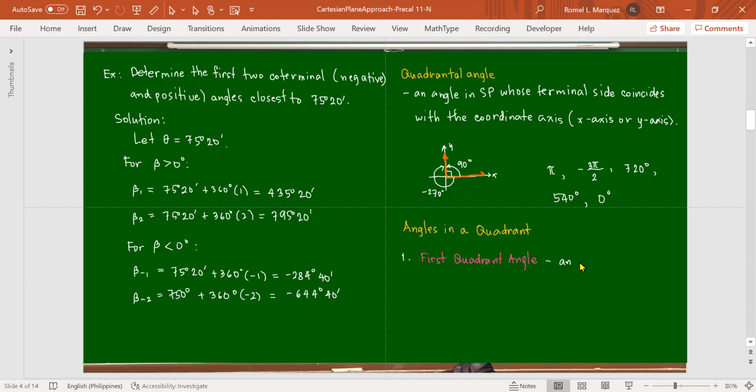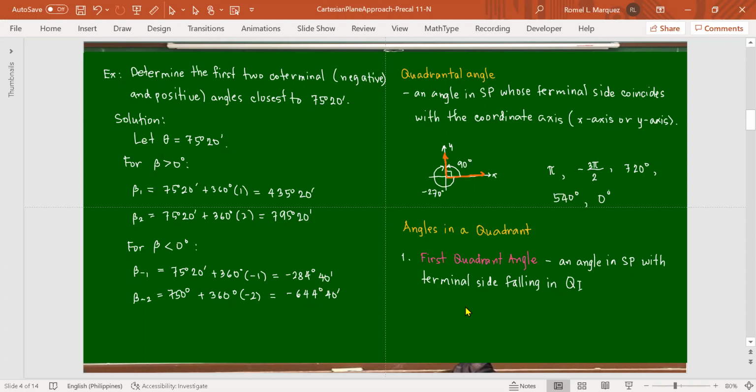An angle in standard position with terminal side falling where? In the first quadrant. Falling in quadrant 1.